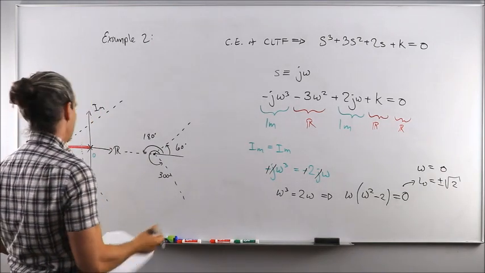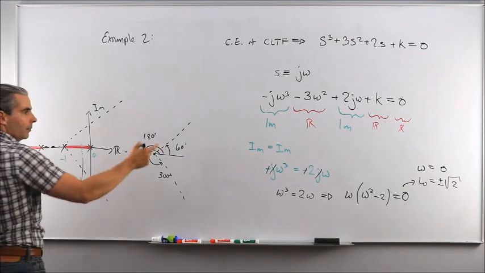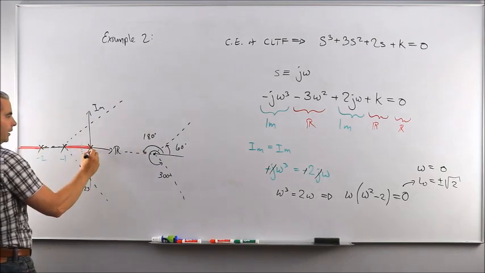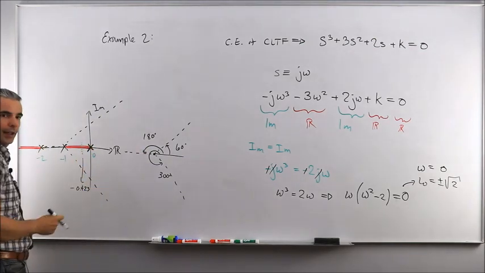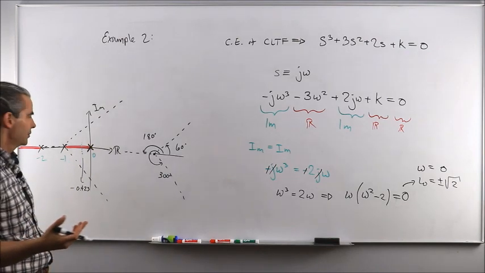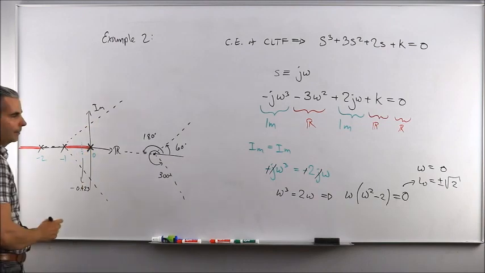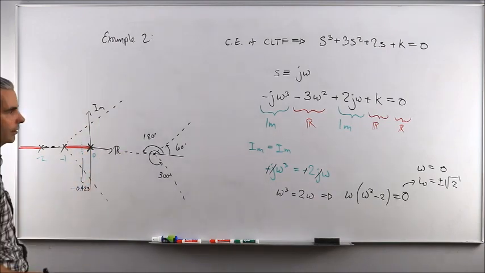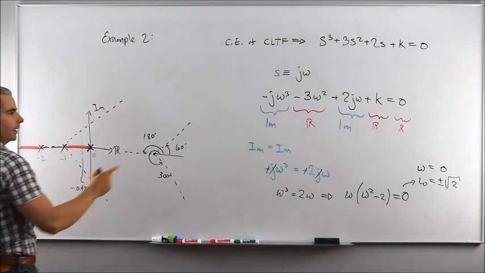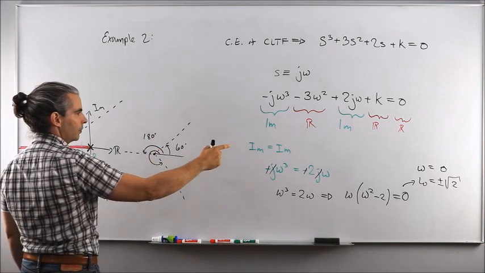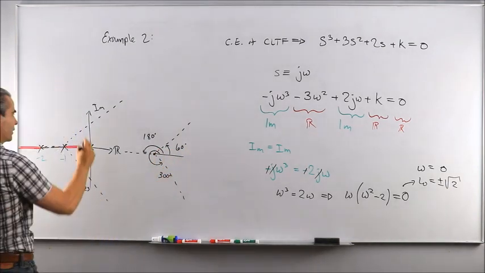Does it make sense? Let's go back. Omega equals 0 means that one intersection point would be at the origin. Hey, we knew that from the very start because we already had a pole that was intersecting with the imaginary axis. That one is a given. And now we also have omega is equal to plus minus square root of 2. Well, guess what?